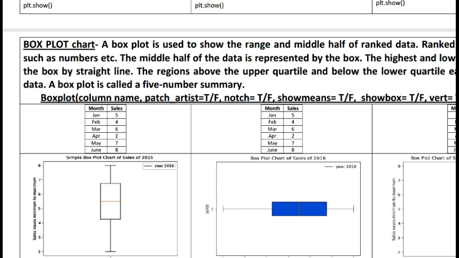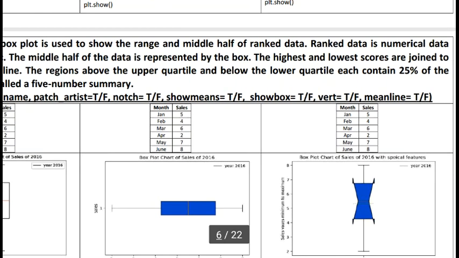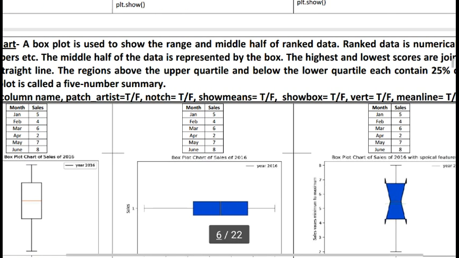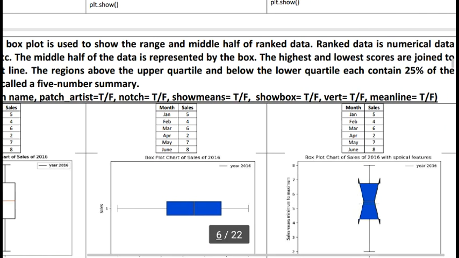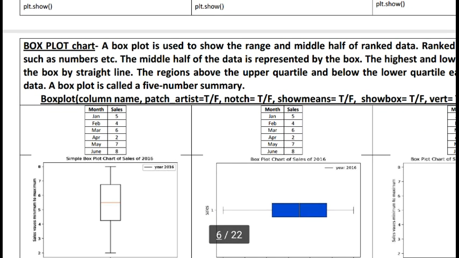You can see in the picture the highest and lowest scores are joined to the box by straight lines. The region above the upper quartile and below the lower quartile each contain 25% of the data. A box plot is also called a 5-number summary. So this is the definition of the box plot chart.